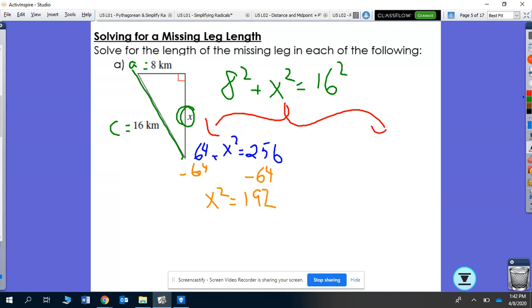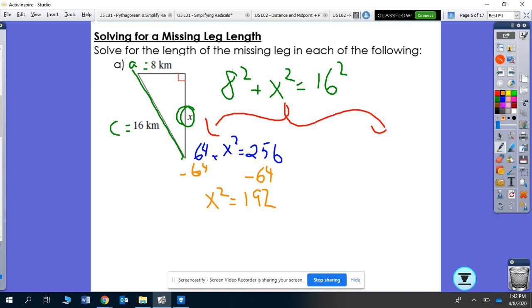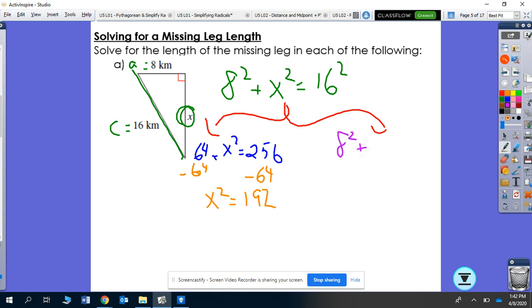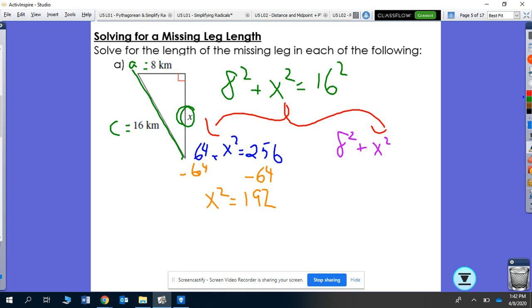Now, I'm going to show you how we could have done that in a slightly different way that would save us the time of figuring out what 8 squared and 16 squared are. You may not have known this off the top of your head. You could have just subtracted over. So starting from the beginning again, 8 squared plus x squared equals 16 squared.